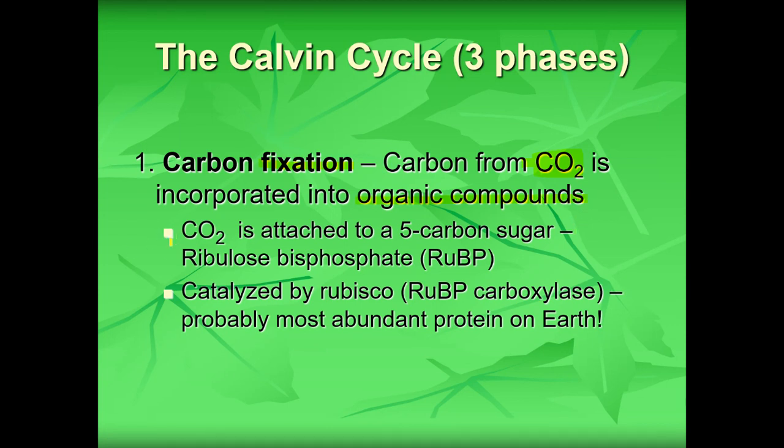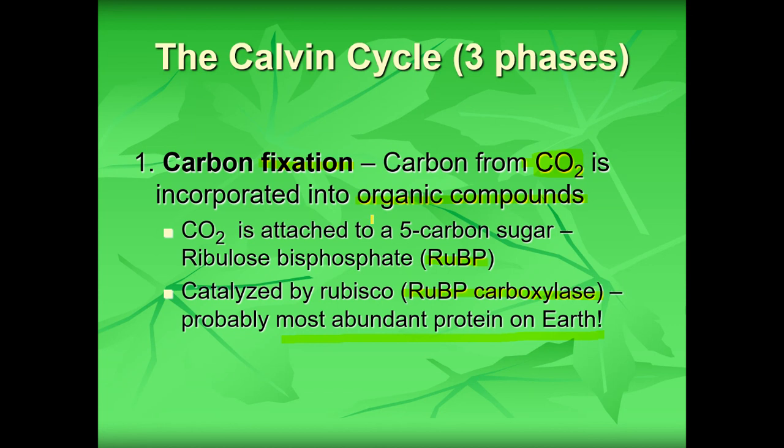The CO2 is attached to a 5-carbon sugar called ribulose bisphosphate, RuBP, and the enzyme that catalyzes this is called RuBP carboxylase. It's notable because it's said to be the most abundant protein on Earth. Without this enzyme, life would probably cease to exist. Kind of an important thing here.